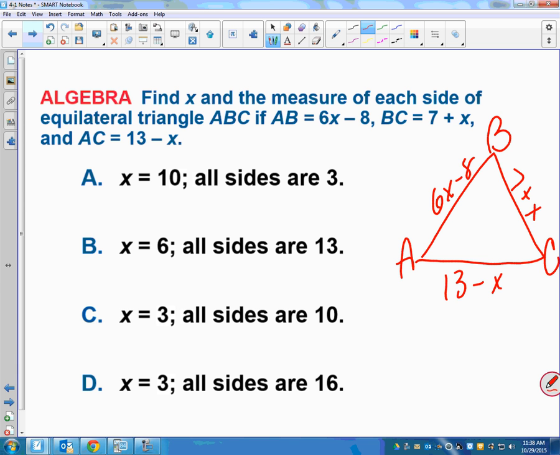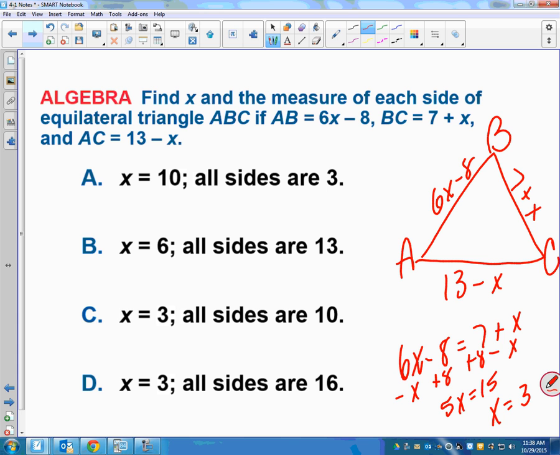I put 6x minus 8 equals 7 plus x, and I solve for x. So 5x equals 15, x equals 3. If I was just randomly guessing, I would have guessed C or D because they both have the same x values, right? And then you just plug it in, and they should all be the same.